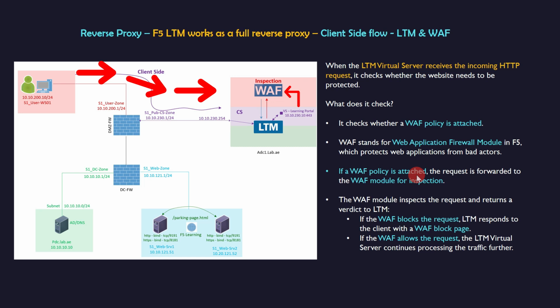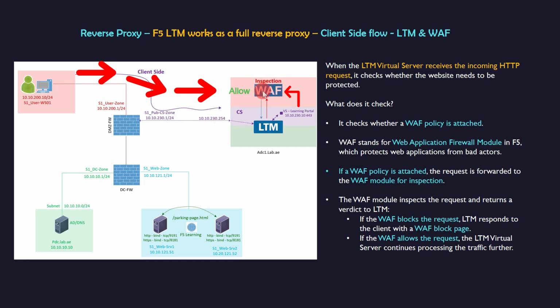If a WAF policy is attached, the request is forwarded to the WAF module for security inspection. Now, the WAF module receives and inspects the incoming HTTP request and returns the verdict to the LTM. If the WAF blocks the request, then LTM responds to the client with a WAF block page. Also, the client connection ends here.